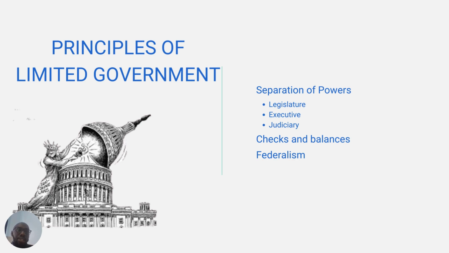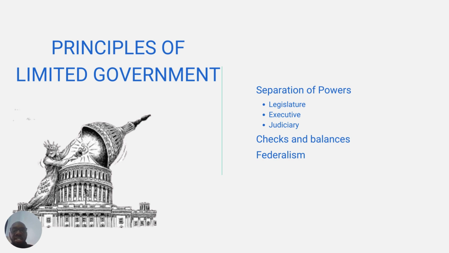Now, the U.S. Constitution achieved limited government through a separation of powers, and there was a horizontal separation of powers that distributed power among the branches of the government, where we have the legislature, the executive, and the judiciary.